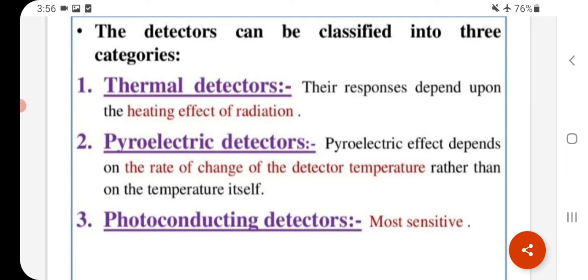Photoconducting detectors: when infrared radiation falls on a photosensitive material in an evacuated tube, the conductance increases in proportion to the intensity of radiation. This detector is highly sensitive but works only at room temperature. It is the most sensitive.